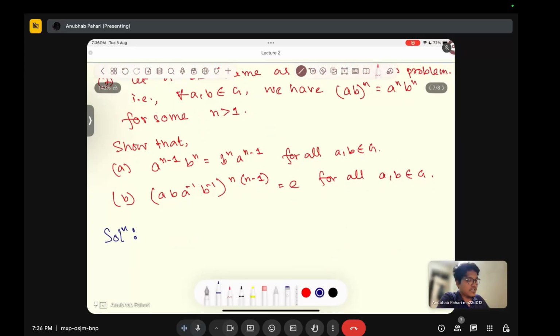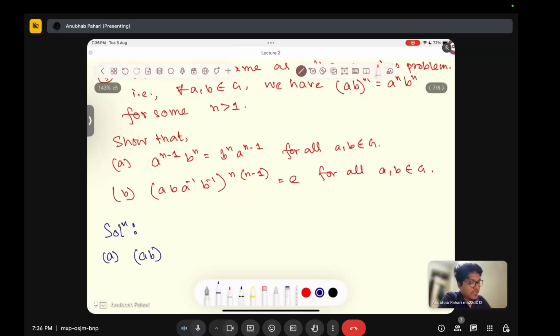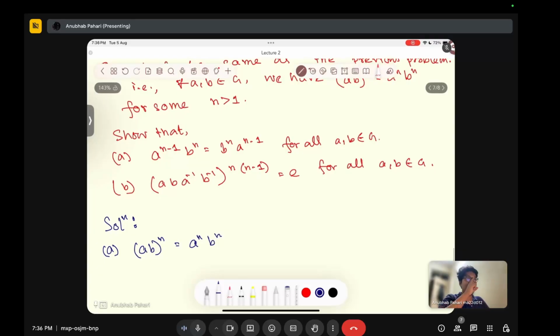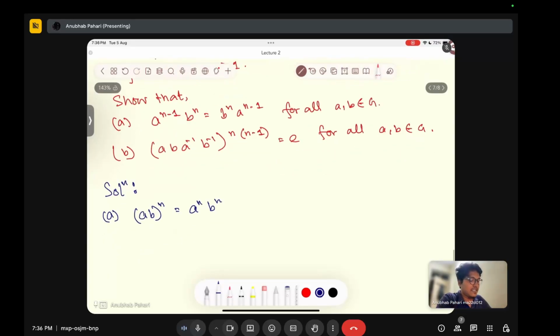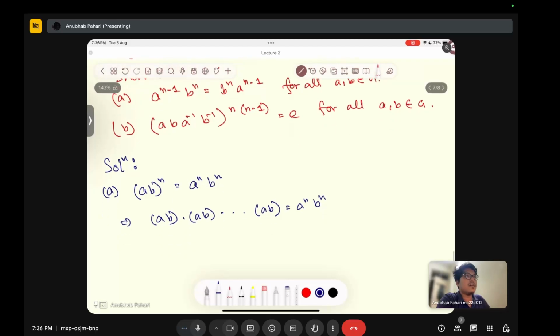Solution. First we try to show this one. For that, ab to the power n should be a^n b^n, and this implies, from the previous argument, that (ab)^n equals a^n b^n.